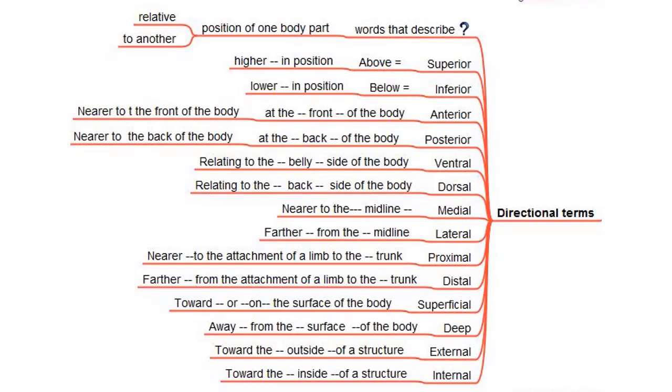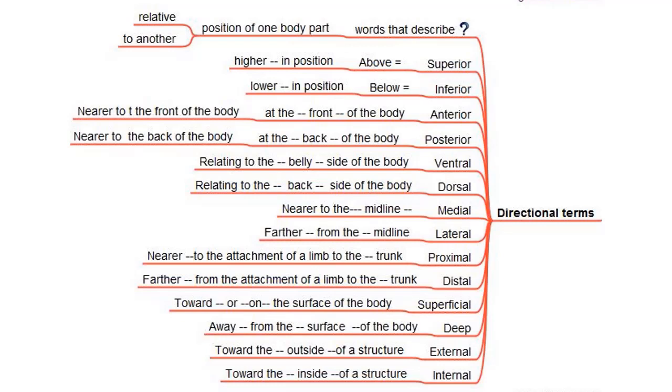Then we have the directional terms. Now, I think I have described it on the images and they are clear, but without these images, if you study this mind map, it's hard to remember. What are directional terms?